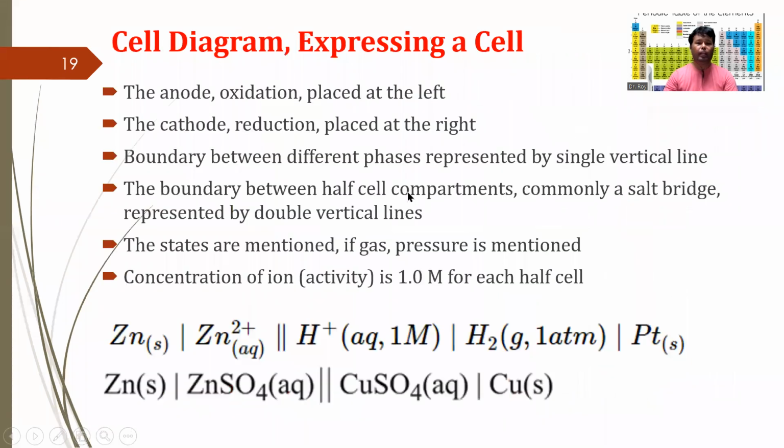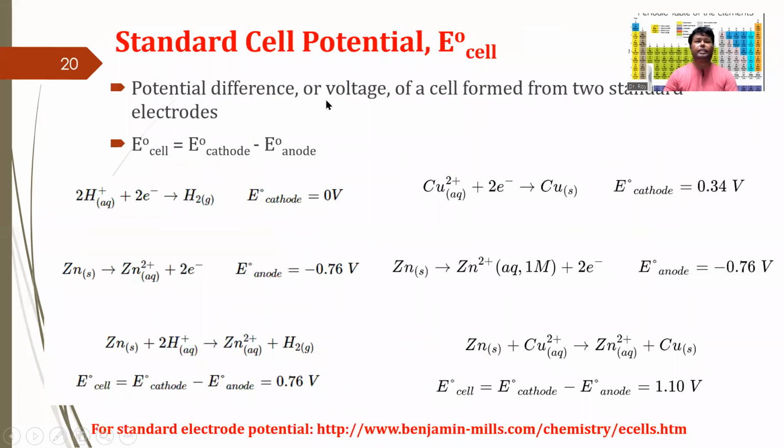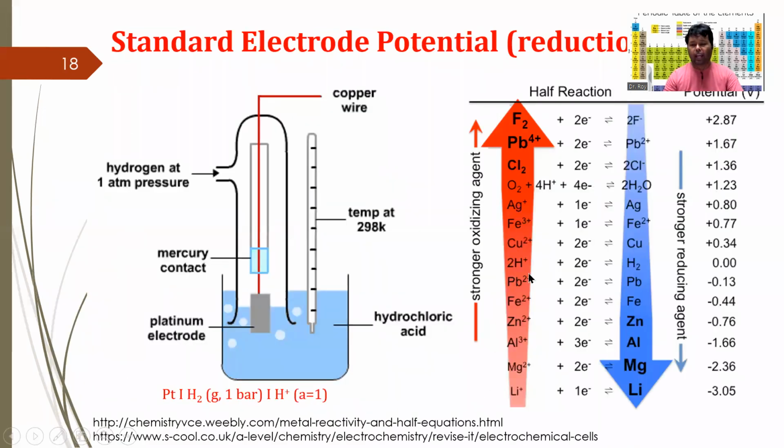This cell diagram represents a standard cell potential. If we have a cell prepared from two different metals, let us consider copper and hydrogen. The reduction potential for copper is 0.34 and the reduction potential for hydrogen is 0.